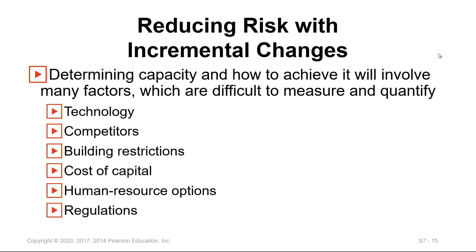What will be the cost of capital? When increasing capacity, will I be able to find skilled personnel to meet that increase? What regulations and rules do we need to adhere to and overcome to just increase the current capacity that we have? Again, if you think of all these factors, you can see how hard it is to identify a way to measure and quantify each one of them.